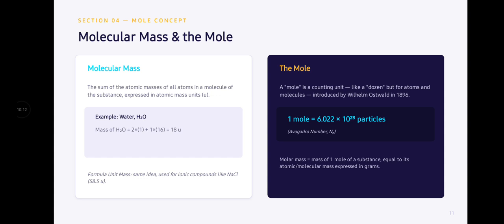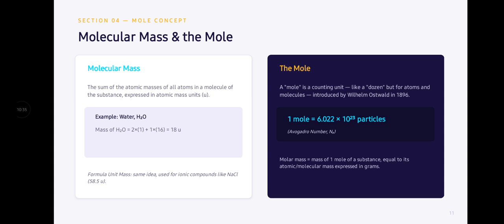The mass of hydrogen is 1 and there are 2 of them, that is why we multiply 2 by 1. And the mass of oxygen is 16 and there is only 1 oxygen, so 1 into 16. We add both and get 18 u.